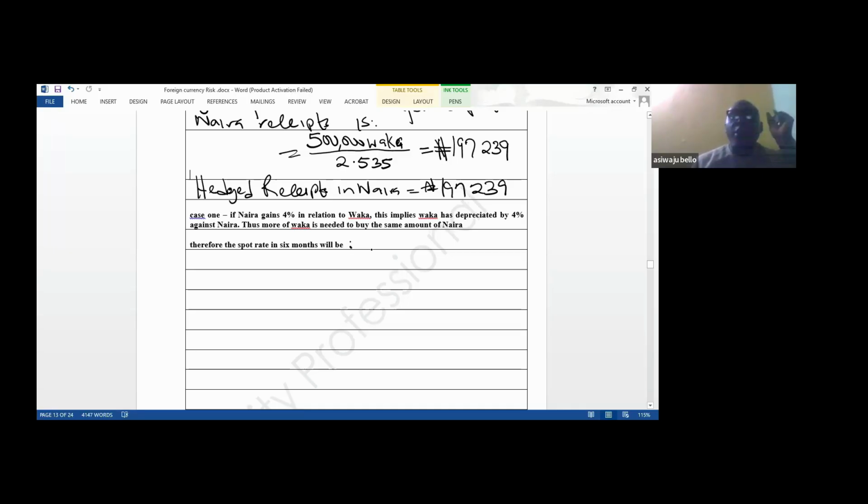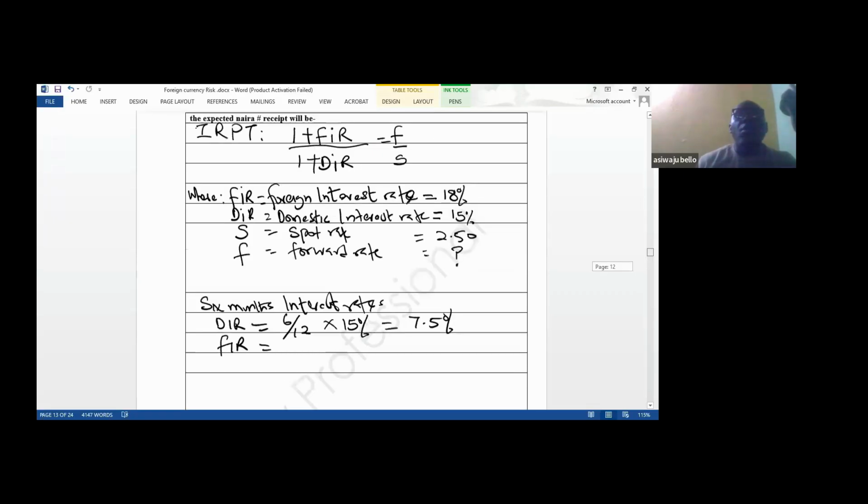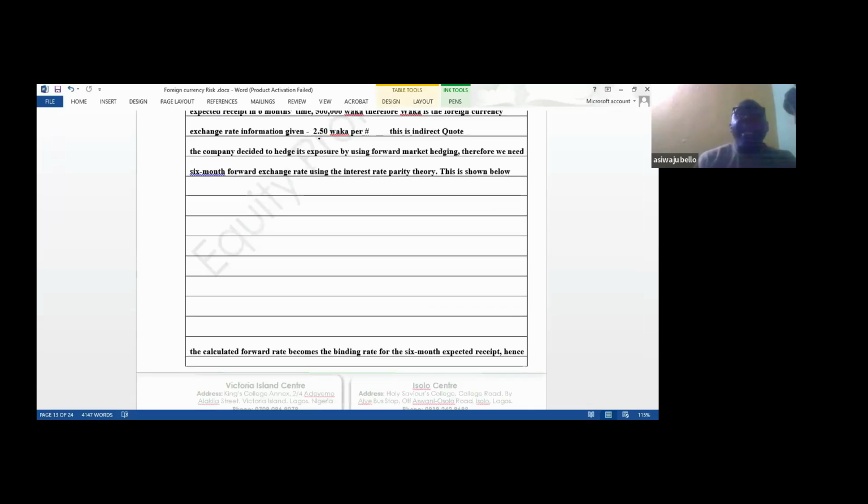Remember, currently we have 2.5 Waka to Naira. That 2.5 Waka increases by 4%. Let me refer you to the current exchange rate: 2.5 Waka per Naira.